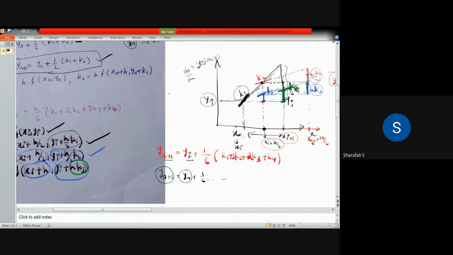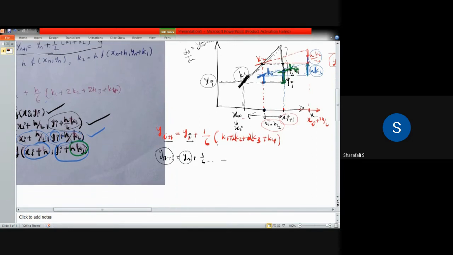In the second order Runge-Kutta method, we took the average 1 by 2 times K1 plus K2, but here we can take the weighted average. The weighted average for all these K1, K2, K3, K4 values is 1 by 6 times K1 plus 2 K2 plus 2 K3 plus K4.